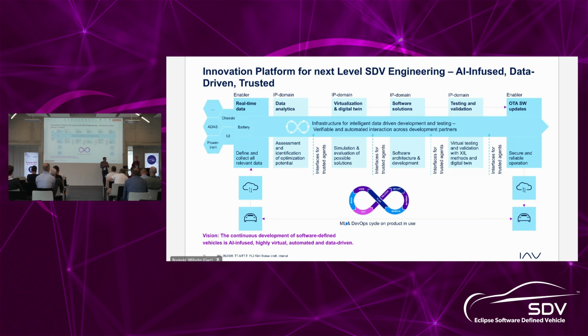In the middle, this is software architecture, software development. And at the end, testing and validation. And on the left, we have data acquisition and software update. And we have to have all these connected to each other in a chain.